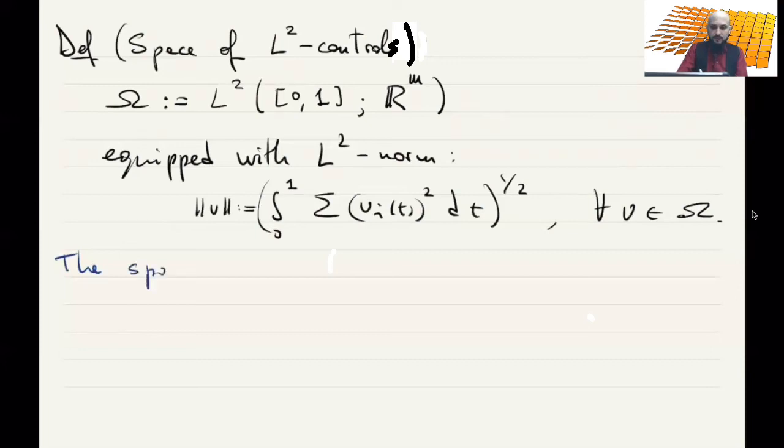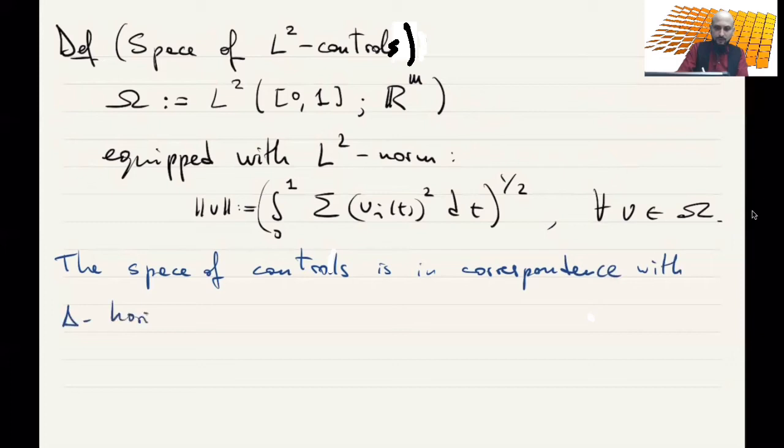So the space of controls is in correspondence with delta horizontal curves with derivative in L2, okay?